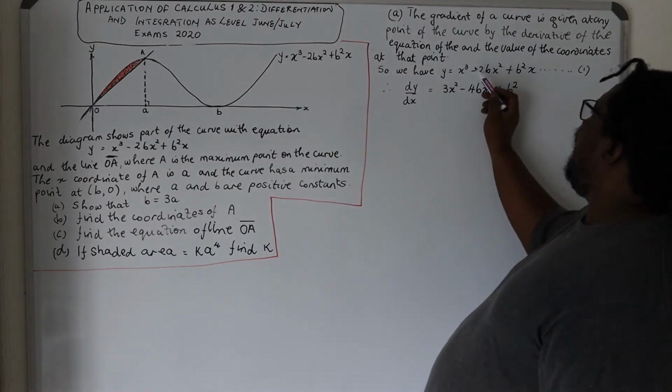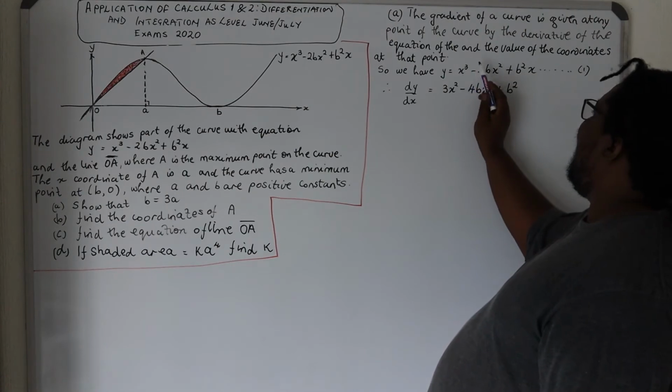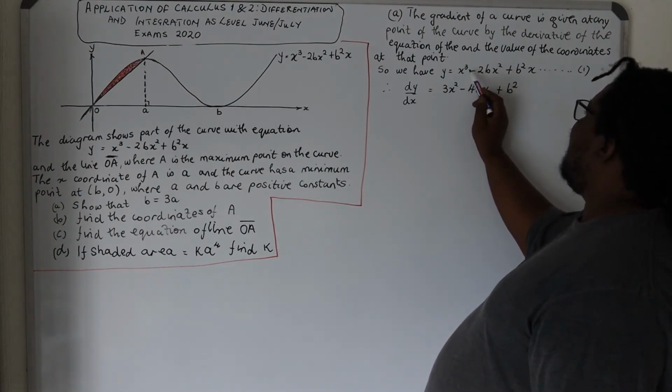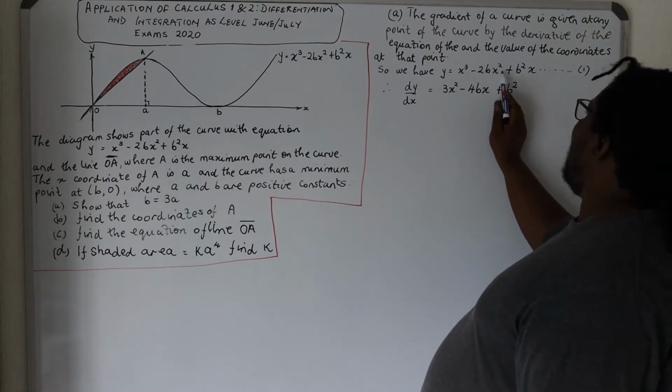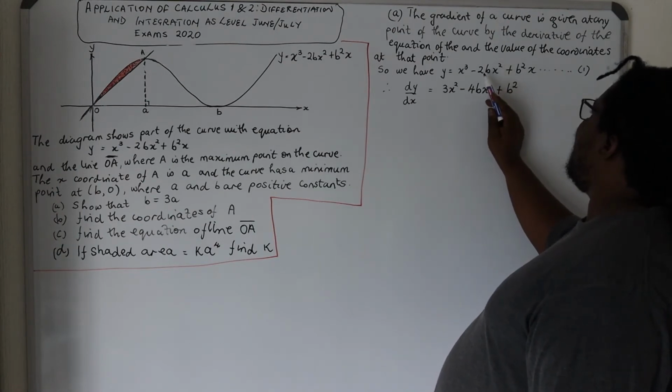So we are using the general formula of finding a derivative, where you multiply by the power and then subtract one from the power as your new power. So the power here is 3. We say 3 multiplied by x, and we raise x to the power 3 minus 1. Here we multiply by the power of x, which is 2.